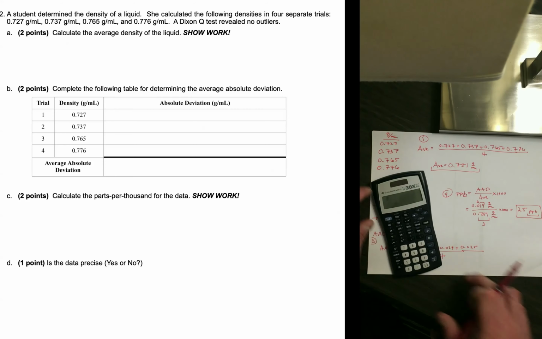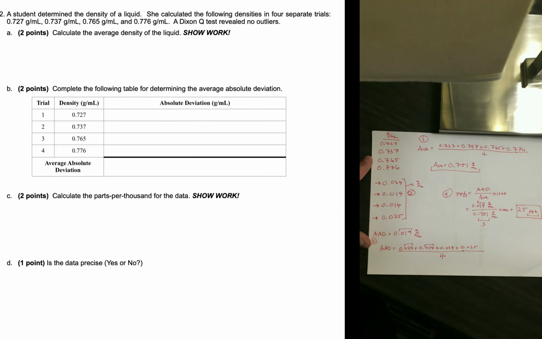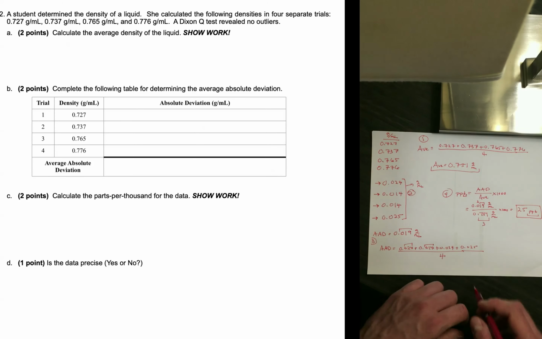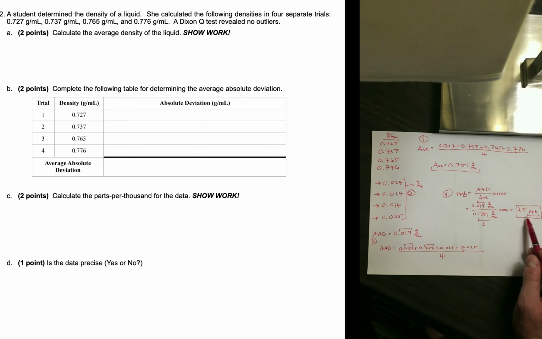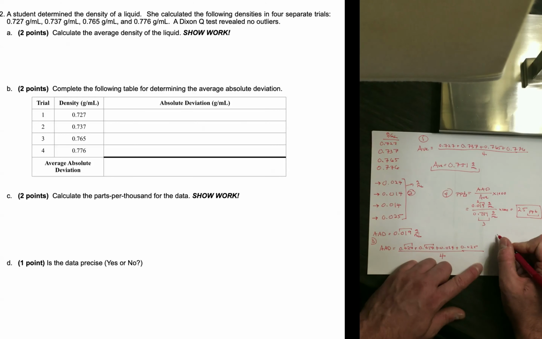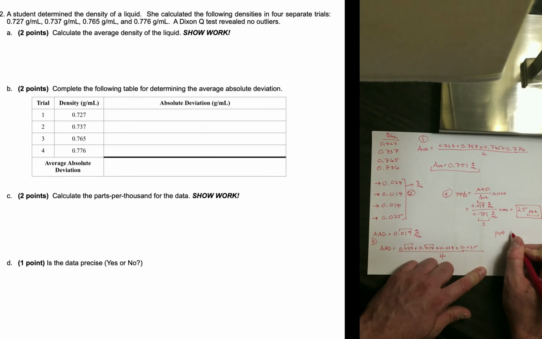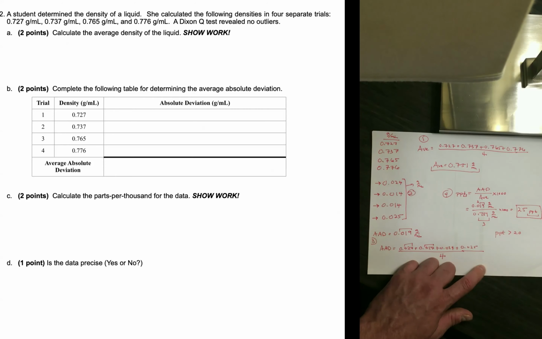Okay? Now the ultimate determination for the very last question on this list of questions here at the left is the data precise, yes or no? Well, the rule is that if your parts per thousand that you calculate is less than 20, then your data is precise. In this case, our parts per thousand, since it's 25, is greater than 20.